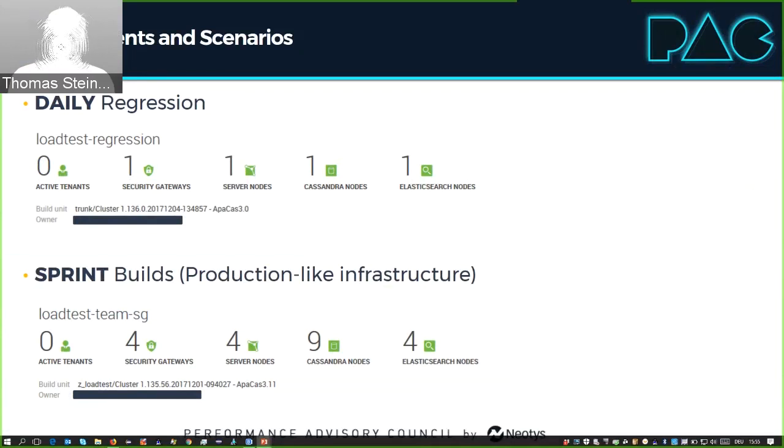If a sprint ends, we publish those sprint builds, which should more likely be stable because they have been running for 2 weeks in dev environments before. Those test runs are running on production-like infrastructure. An equally equipped cluster from an infrastructure point of view, equally costly, of course, but absolutely mandatory.